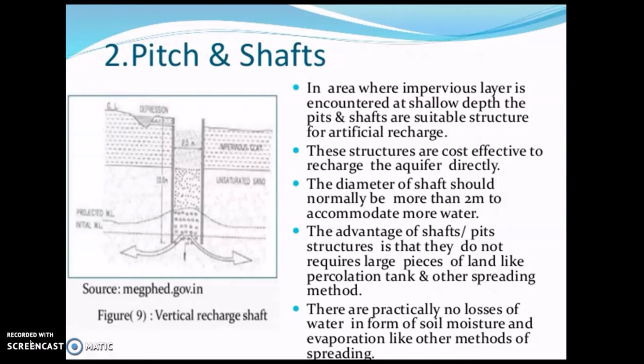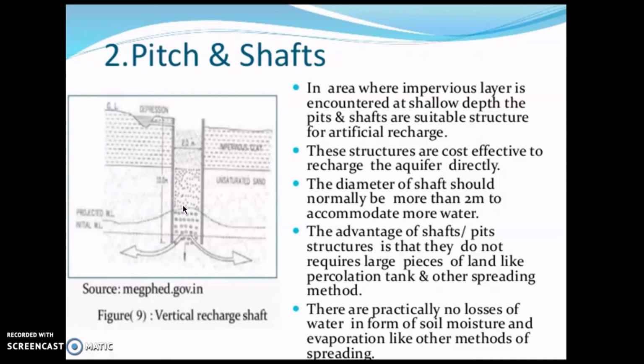Okay, in this pit and shaft method, we simply dig a pit up to the nearest aquifer underneath it. Okay, we add some casing over it that we call the shaft.